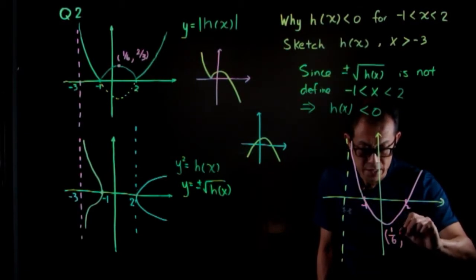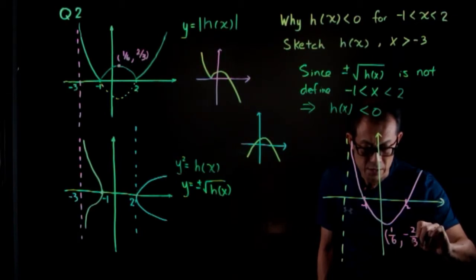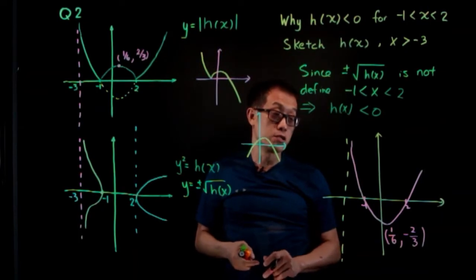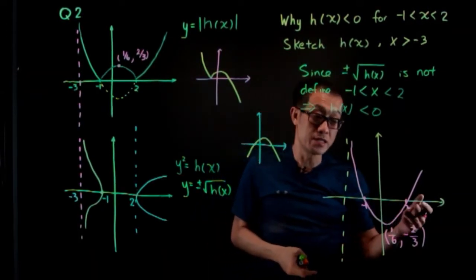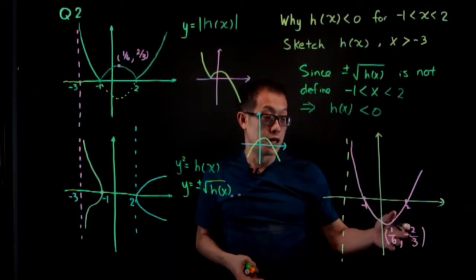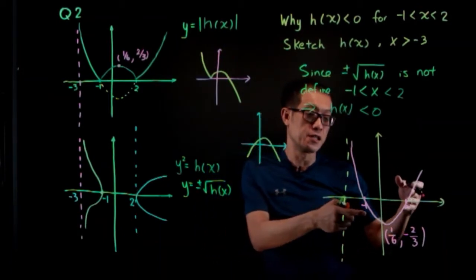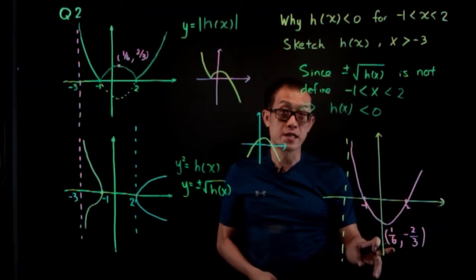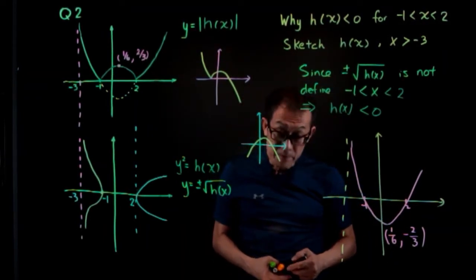And this will be 1/6 and minus 2/3. For mod h of x, this is 1/6 and 2/3. So if this is the h of x, this part should be 1/6 and minus 2/3.